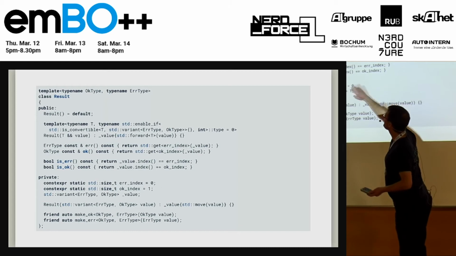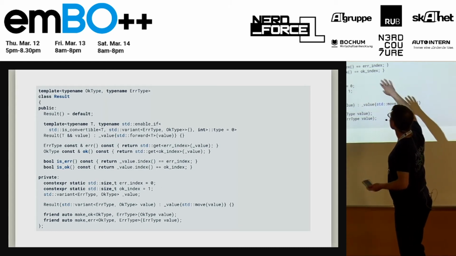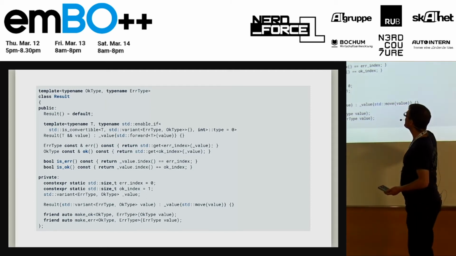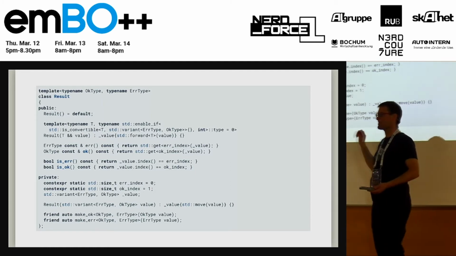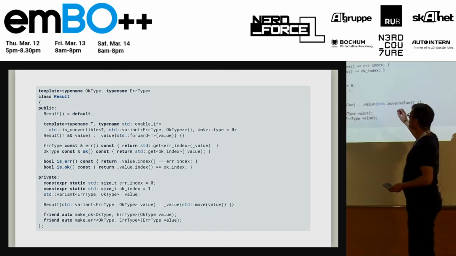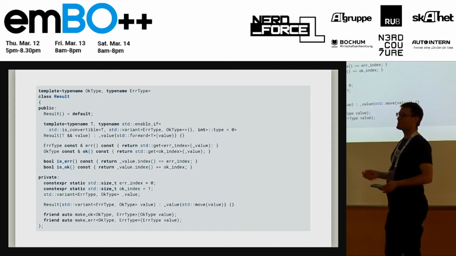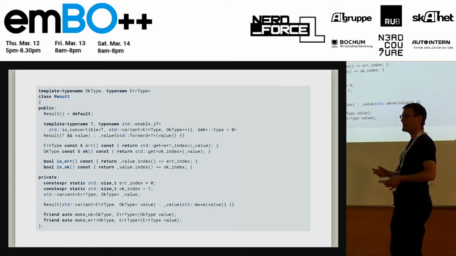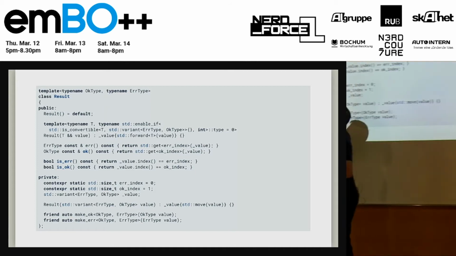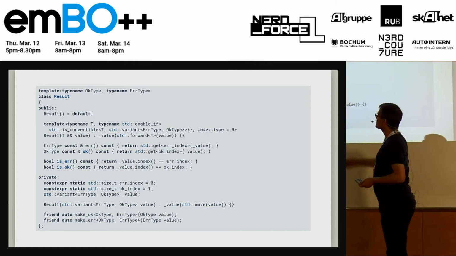All that this template, this std::enable_if, does is tell the compiler that I can only use that constructor if I can use the constructor of std::variant with the same arguments, because the constructor of std::variant already does what I need, since I'm using the std::variant to store my result value.